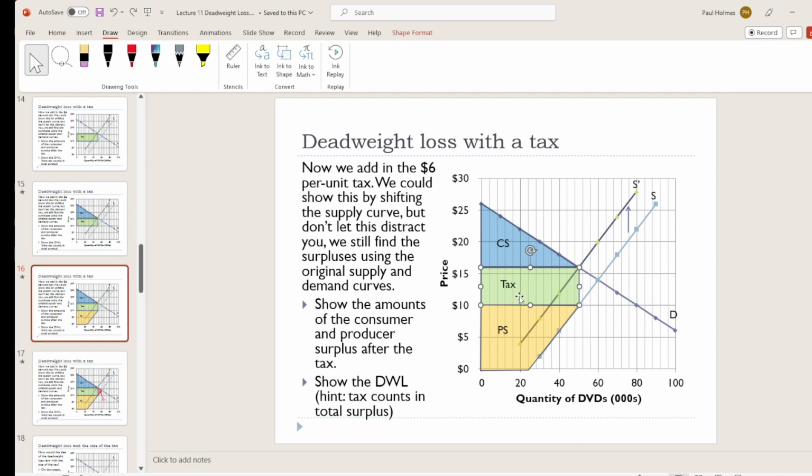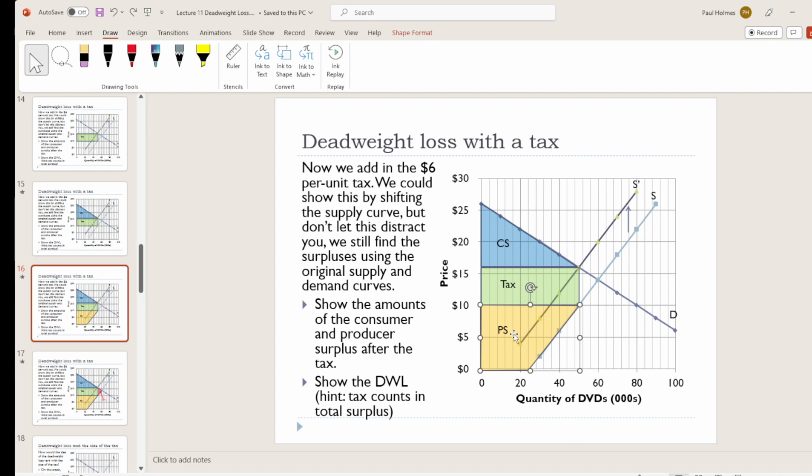I guess first we should say this tax area we count as surplus, which may seem a little bit strange to you, but remember we had this assumption that tax revenues are equally good as money in the hands of buyers, money in the hands of sellers. Well, consumer surplus is nothing more than extra benefit in the hands of buyers. It's money left over that they might have spent on a thing but didn't have to because the price was lower.